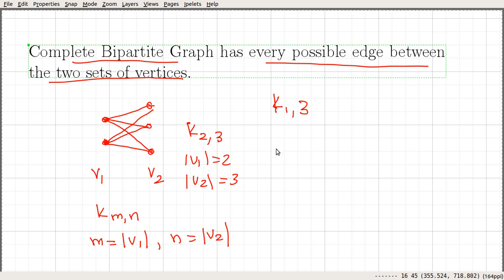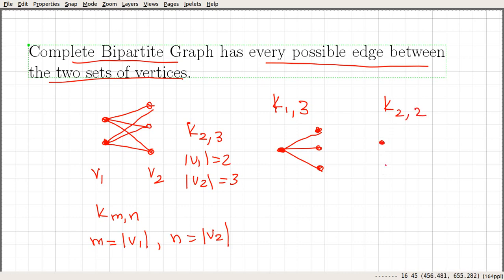Our first part has only a single vertex, and the second part, our V2 set, has 3 elements. Since we are dealing with a complete bipartite graph, there will be an edge between this vertex and every other vertex here. So this is K_{1,3}.